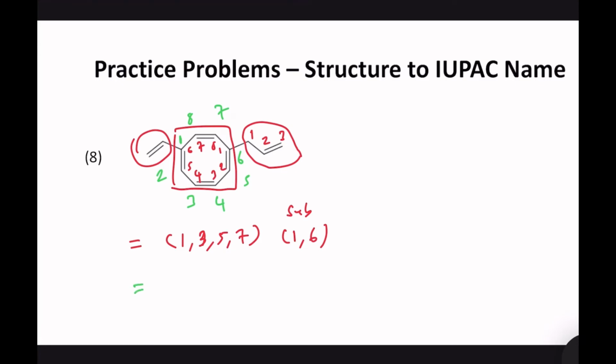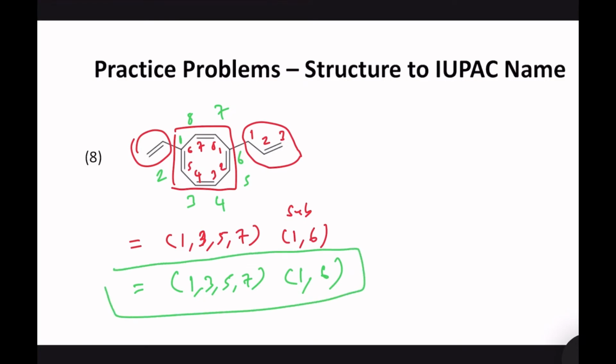Now, the double bonds are still at 1, 3, 5, 7 and the substituents are still at 1, 6. So, we have a tie here. We can use the alphabetical order of the substituents to break the tie in this case. Between ethynyl and propenyl, ethynyl comes first and therefore, the numbering scheme that is shown in green is correct here.